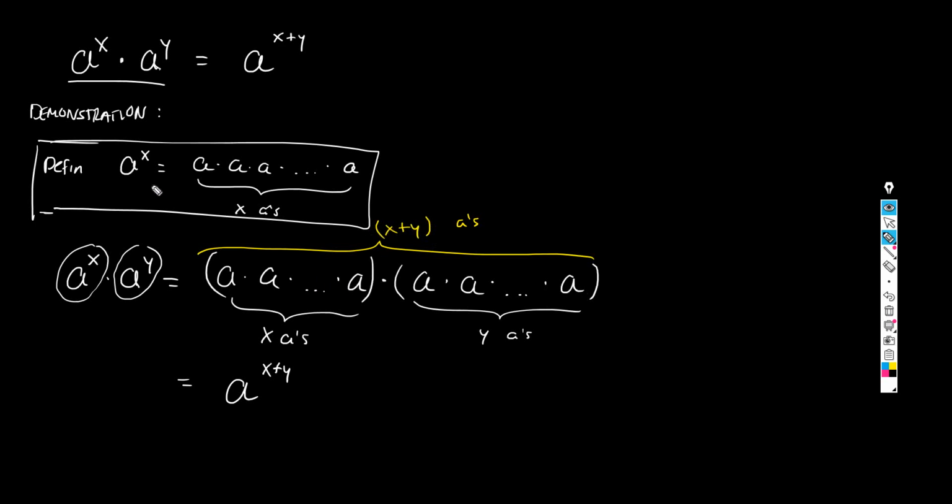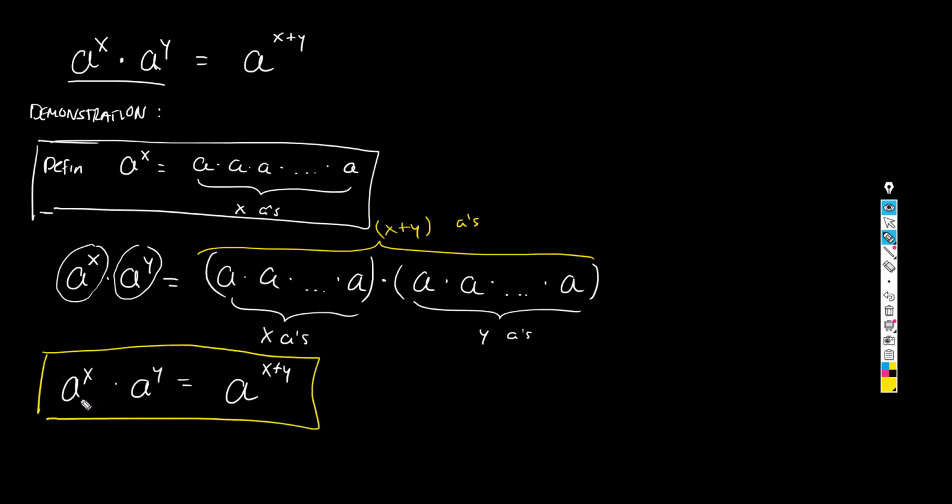Then according to my definition, I can write all of this simply as a raised to the x plus y, to the many times as it's being multiplied by itself. And we are completely done. That's it, guys. We have demonstrated that a to the x times a to the y equals a to the x plus y. This is the demonstration completed.